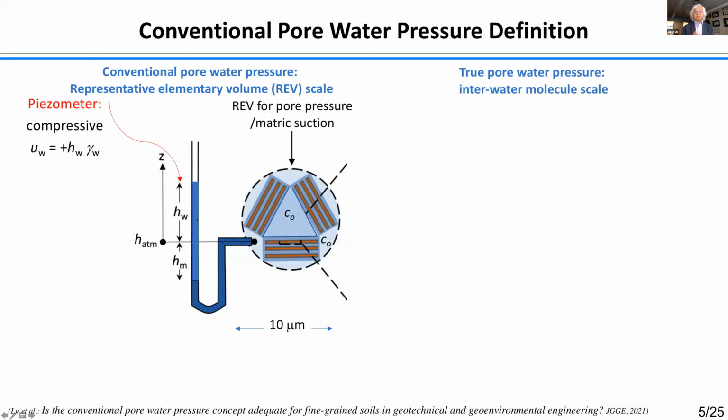If you have a partially saturated condition, so we change from saturated to partially saturated, we can use a so-called tensiometer. What the tensiometer does is take full advantage of the ceramic's ability to not cavitate under a certain kind of negative pressure. That limit depends on what kind of ceramic you use.